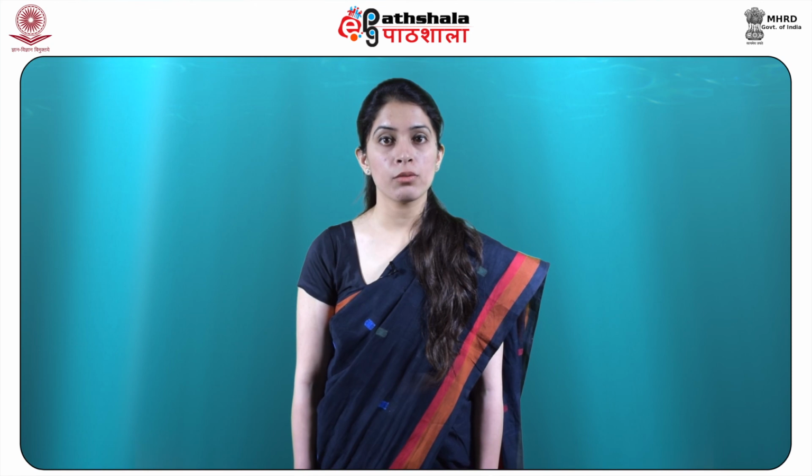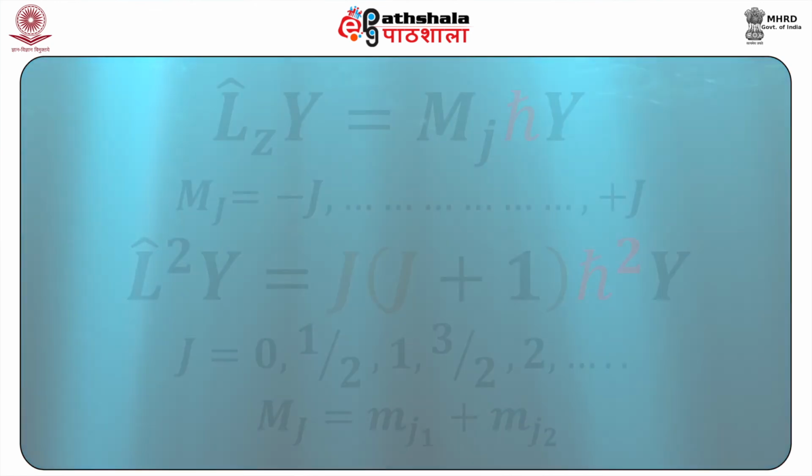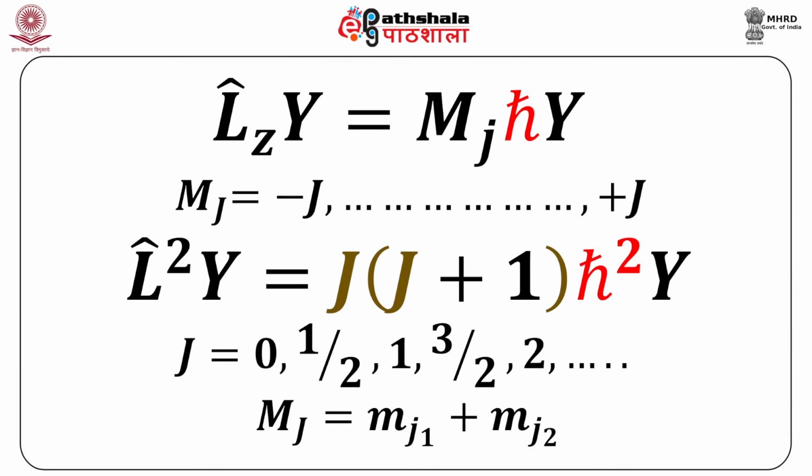Here, we found that the eigenvalue equation for the total angular momentum of the two-electron system is of the form Lzψ = Mjħψ, where Mj takes values from −J to +J, and the other equation is L²ψ = J(J+1)ħ²ψ, where J can take values 0, 1, 2 and so on. And finally, we concluded that Mj is equivalent to the sum of mj1 plus mj2. With this, in the next module, we will consider spin angular momentum in detail.